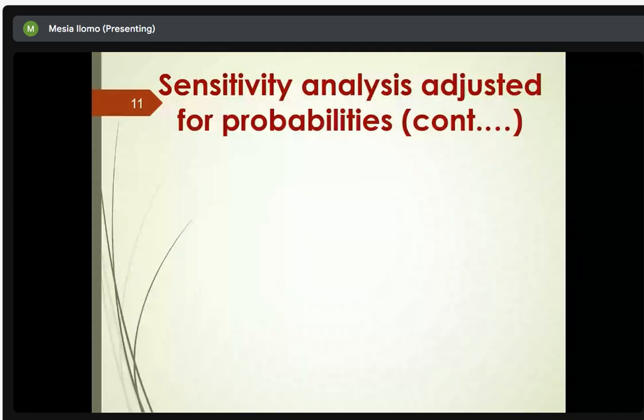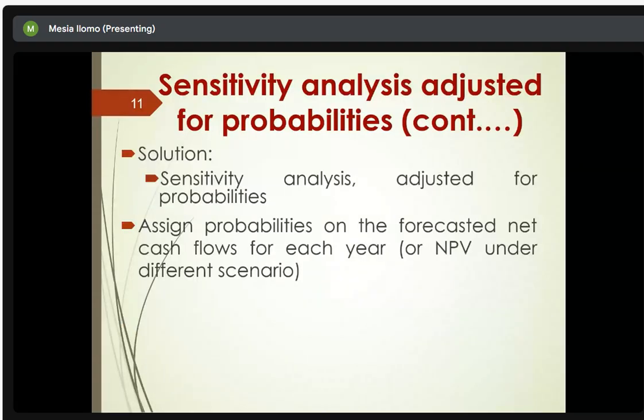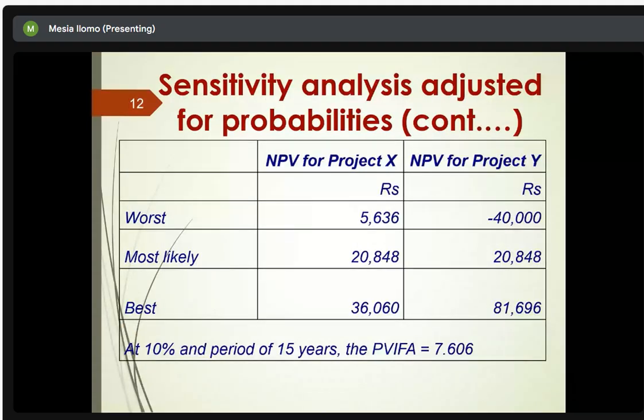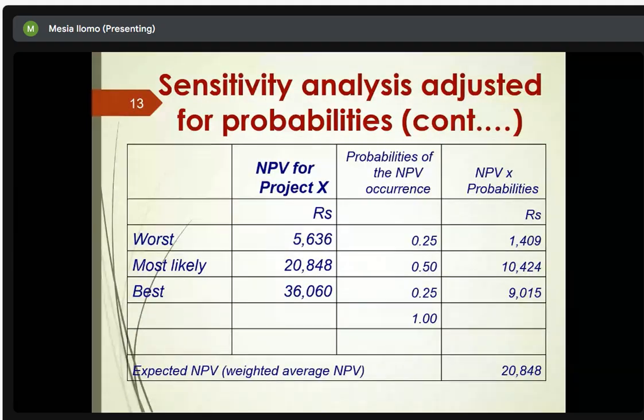The assumption here was that the probabilities throughout the years are the same: 25, 50, and 25, from year 1 to year 15. That's why we simply adjusted the probabilities from the NPV.